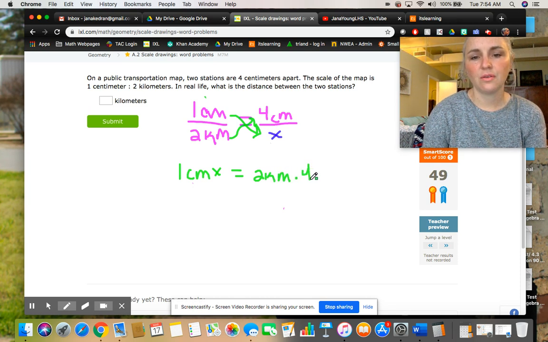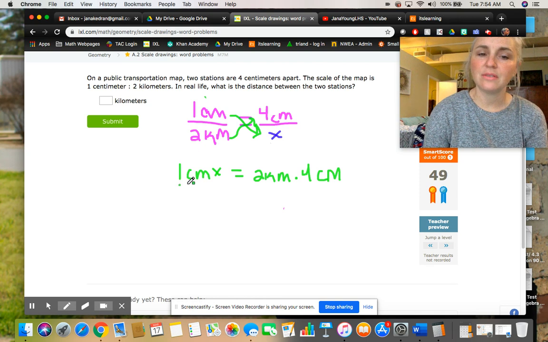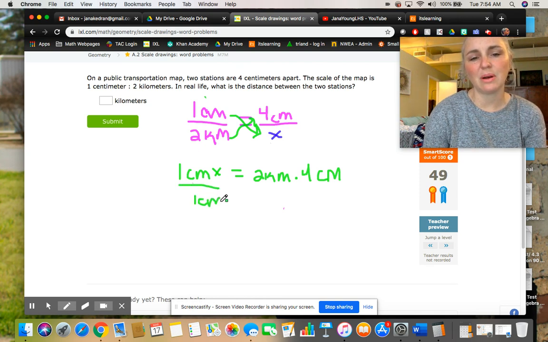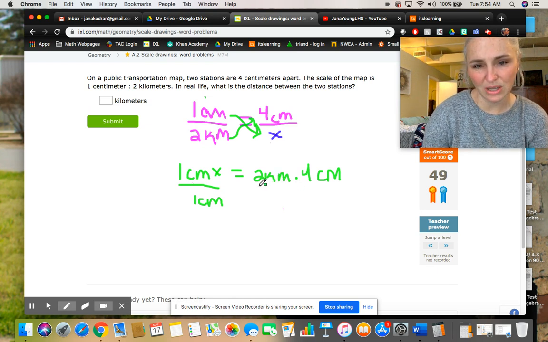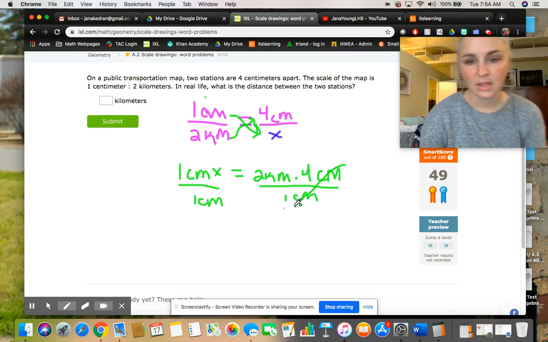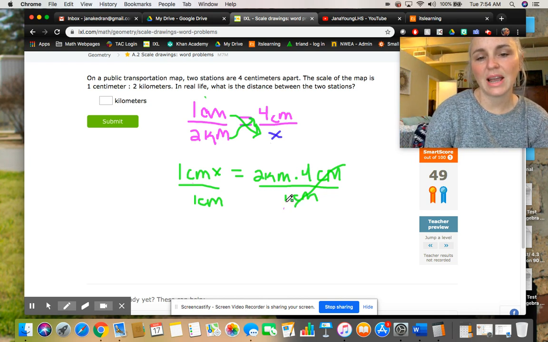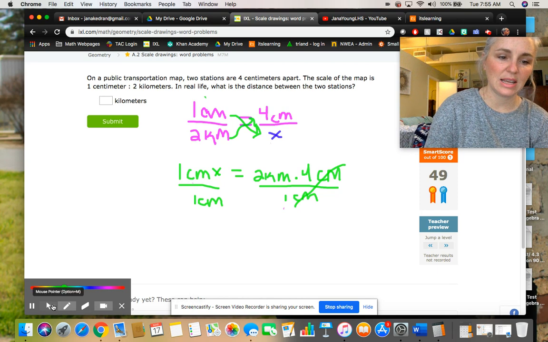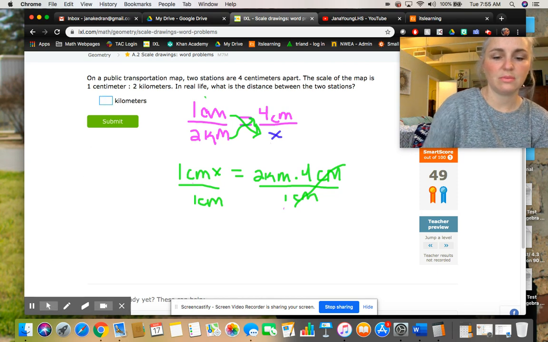When you divide by 1 centimeter, you can see you've got centimeters on top and bottom, and they divide out because anything divided by itself is 1. So 2 times 4 is 8, divided by 1 is still just 8. So this would be 8 kilometers.